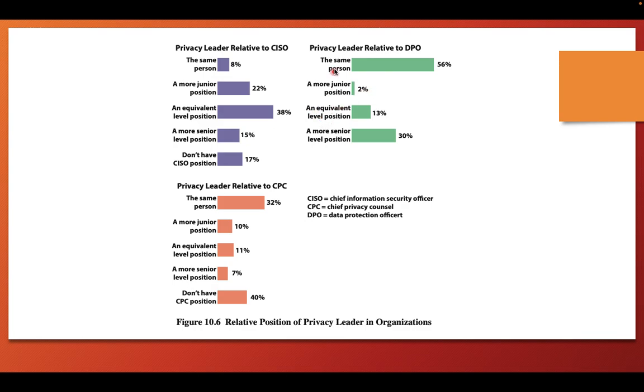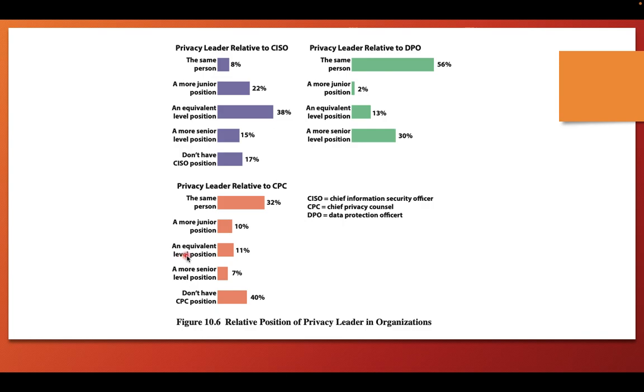Those who say privacy leader is equivalent to the data protection officer are 30%, and those who say privacy leader is a more senior level position compared to the data protection officer are 30%. But comparing it with the chief privacy counsel, those who say privacy leader is the same as chief privacy counsel are 32%. Those who say privacy leader is a more junior position compared to chief privacy counsel are 10%.